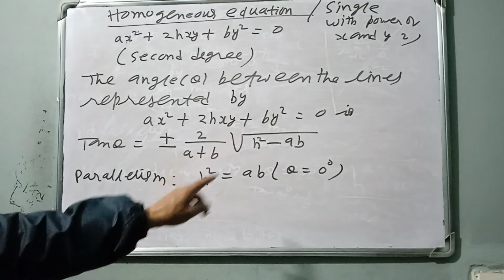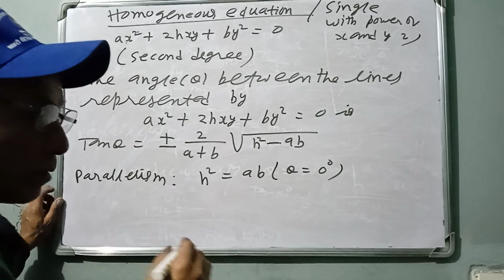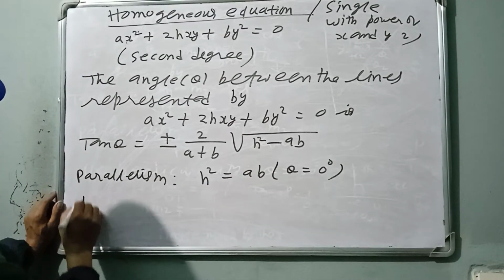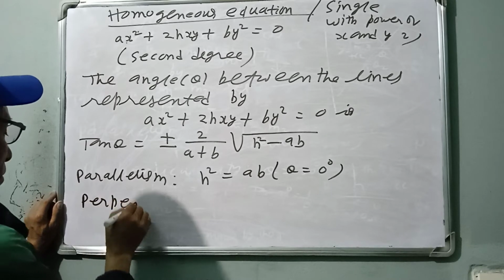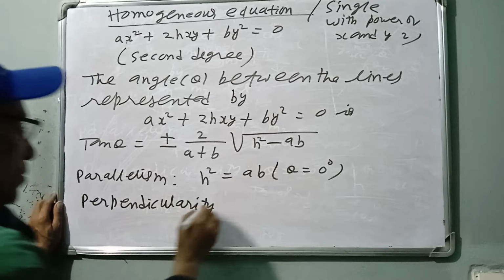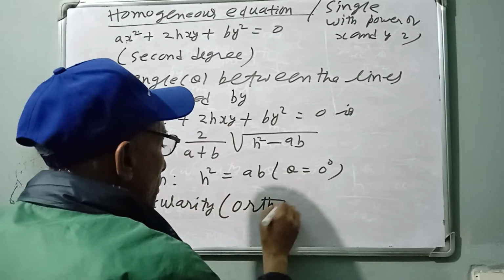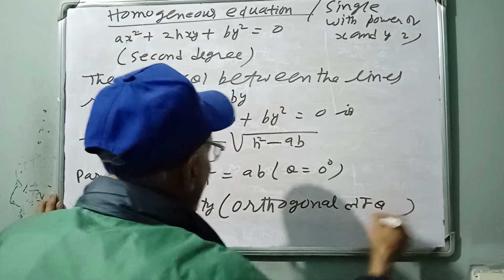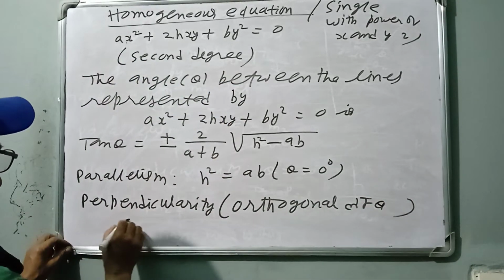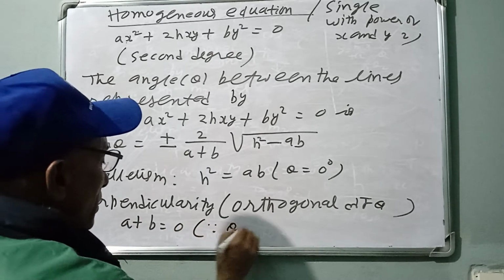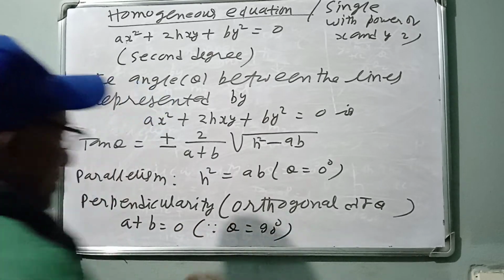Parallelism or coincident, h square equal ab. Another, perpendicularity, is also called orthogonal. What is the orthogonality? A plus b equals 0 because theta equal 90 degree.